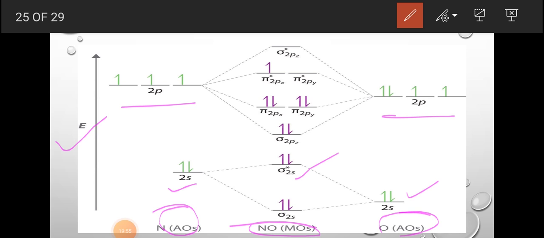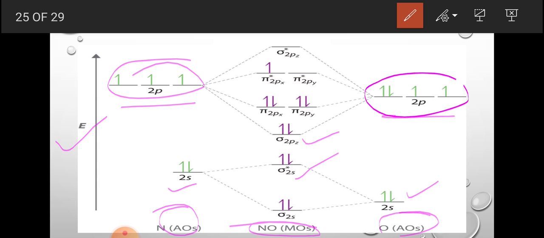Okay, so start filling the electrons. First count the electrons: 3, 4, 5, 6, 7.